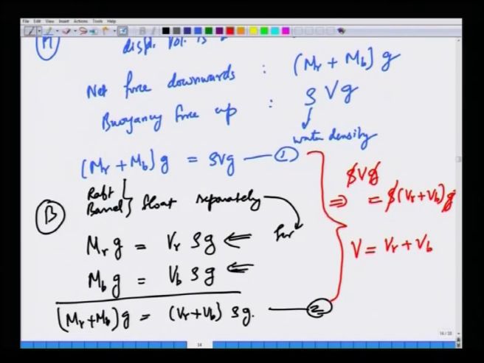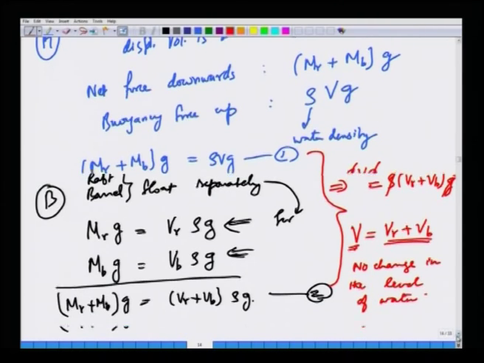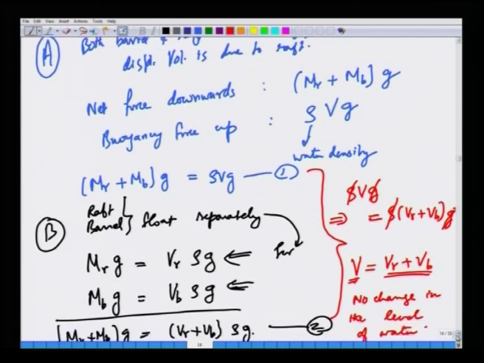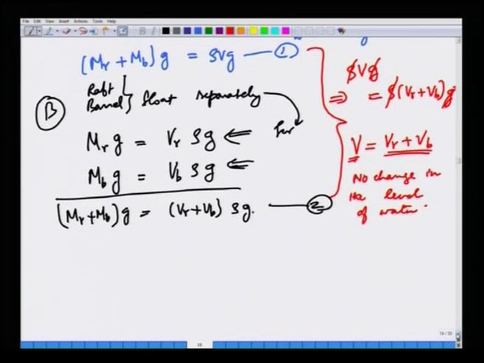That is, in case B, where the barrel and raft are floating separately, the net displaced volume is the same as the total displaced volume in case A. So, no change in the water height, in the level of water in the swimming pool. Okay. That is a conclusion we can come to just by applying Archimedes principle to these two cases individually.